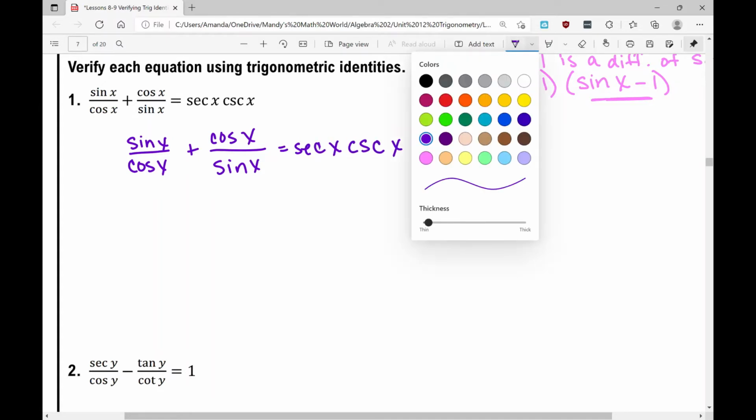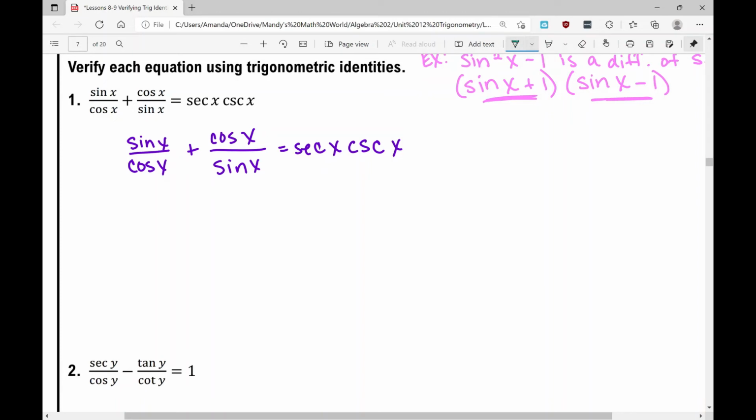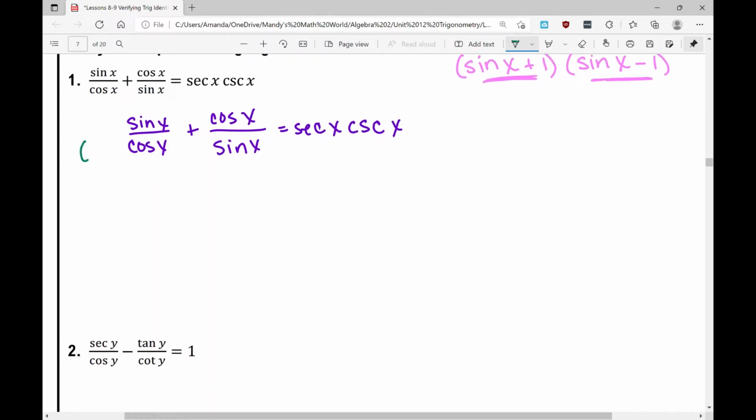And so when I get a common denominator, what should my common denominator be? Well, this only has cosine, this one only has sine, so my common denominator needs to be sine x cosine x, which means I need to multiply this fraction over here times sine x. What I do to the bottom, I have to do to the top. This fraction over here, I need to multiply the denominator by cosine x.